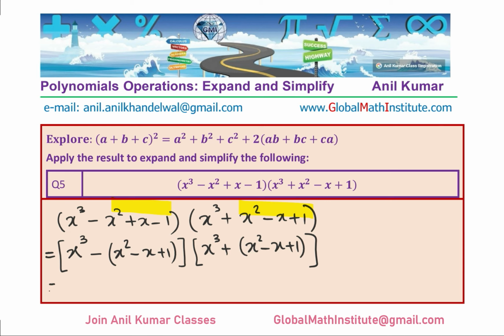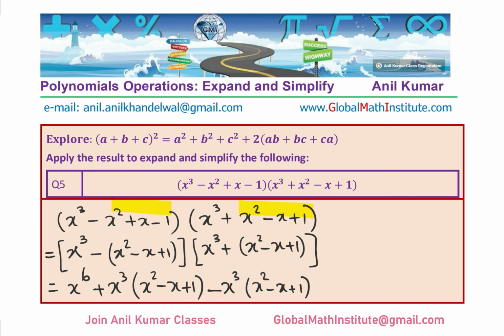So when you expand, you get x cubed times the first term, which is basically x to the power of 6, and then x cubed times the second term, plus x cubed times x squared minus x plus 1. And here we have to multiply with these, right? So x cubed I'm writing first times x squared minus x plus 1. You see that these 2 terms will cancel.